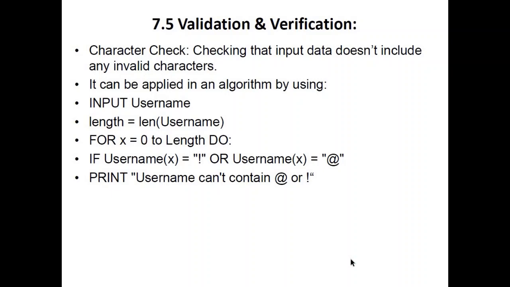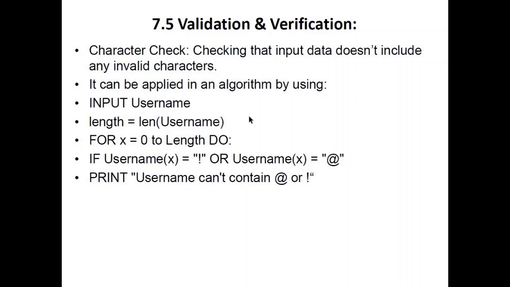It can be applied in an algorithm by using input username, length equals to length username. Again, len or length. Length is the function that returns the number of characters in a given string or a given variable.